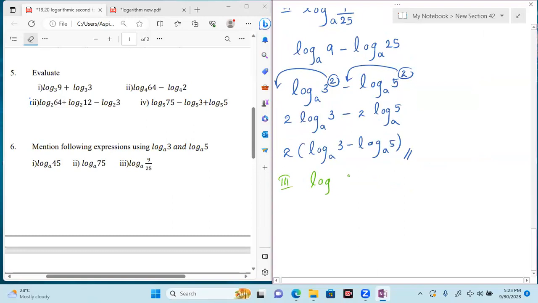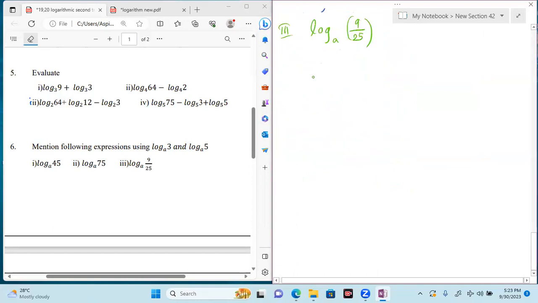Logarithm of 9 over 25. Then we can write 9 over 25. 9 can be written as 3 to the power of 2 and 25 can be written as 5 to the power of 2. Then it is logarithm of 3 over 5 to the base a, squared.